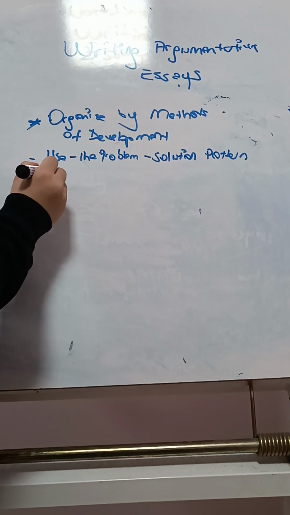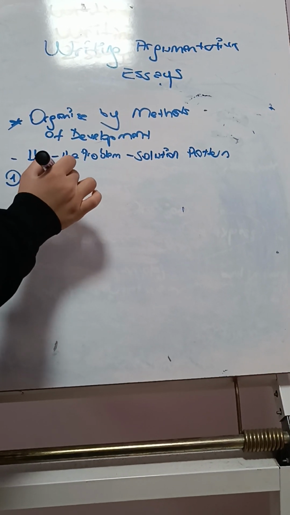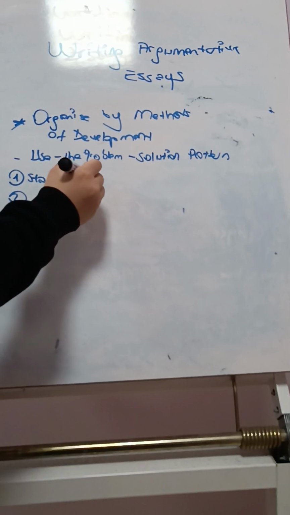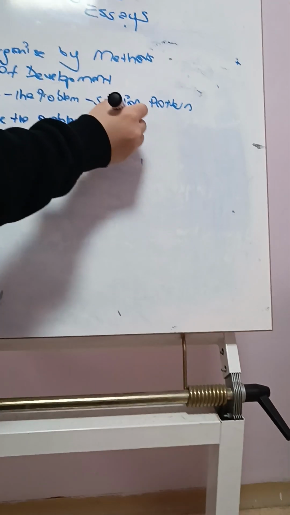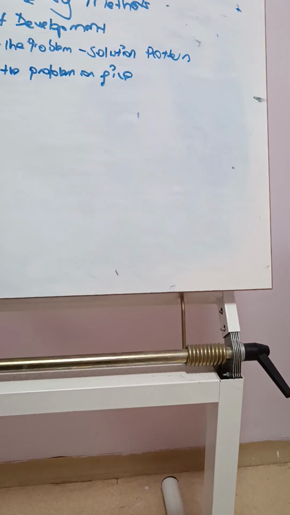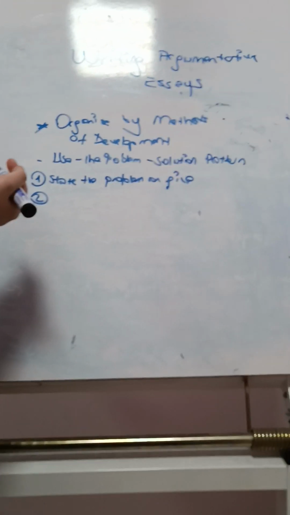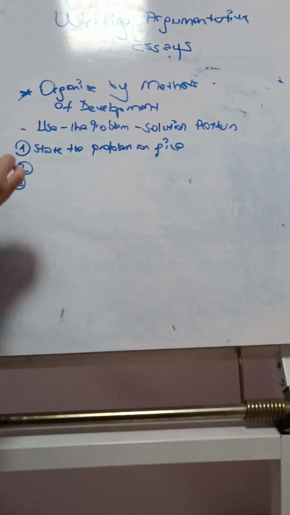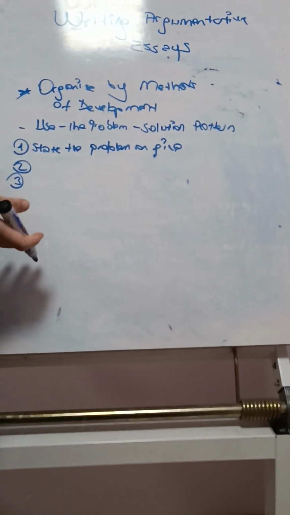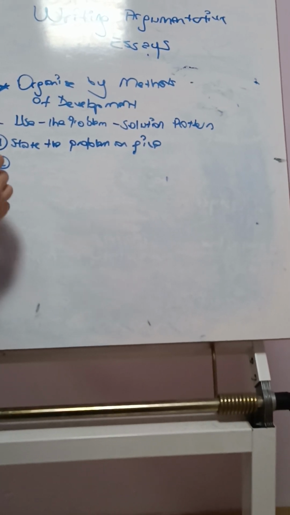First one is to state the problem and give the solution. The second one is to take the solution and then look at the problem and motivate you to discover the solution. The third one is to state the problem and consider alternative solutions before arguing for your own.